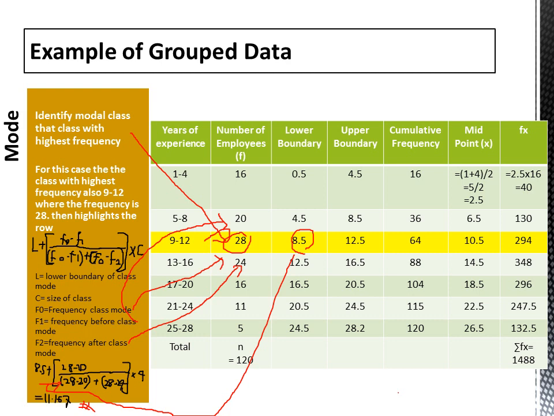If you look at the results, the mean, median, and mode are almost similar, within a very small range. That's normal. You can counter-check: if the gap is very high, it means there may be something wrong with your calculation. The results normally lie in a small, nearby range.